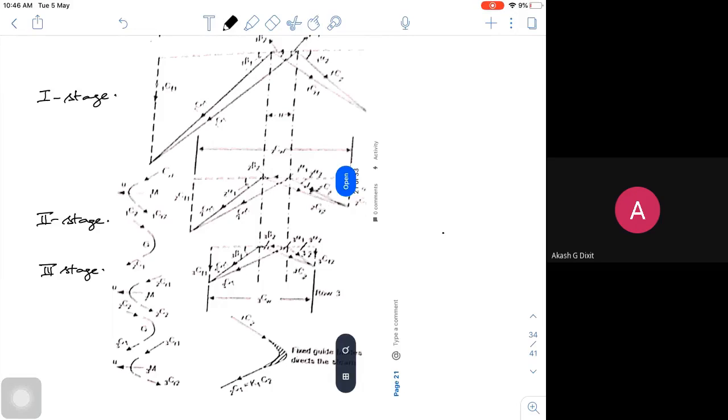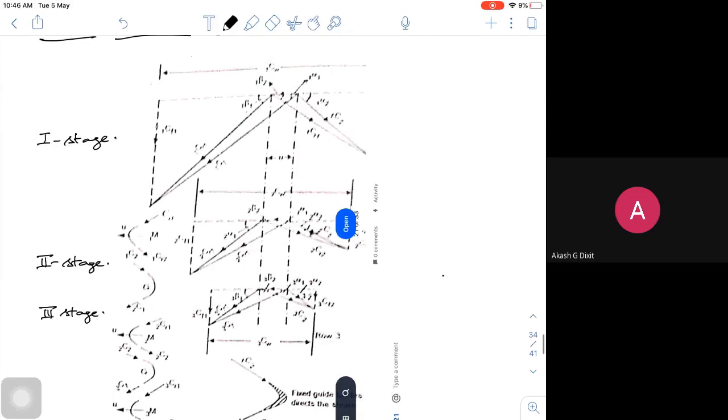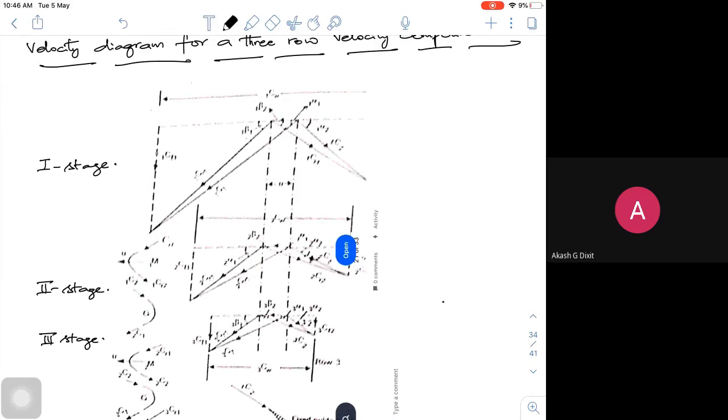Now, if you look at it, the velocity enters at C. If I call this alpha 1, that is the velocity with which the fluid is coming. So we have combined velocity triangles, and this is your U. I have a common U. This gives your delta VW from this point to this point.